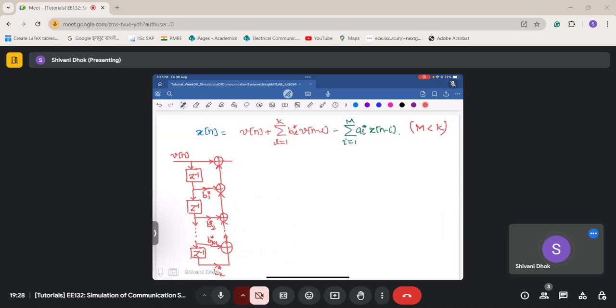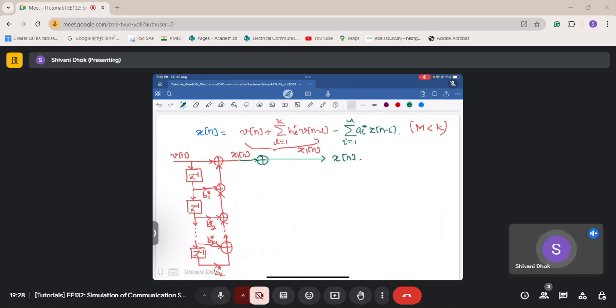And this thing, let's say entirely is x1 of n. So this is my x1 of n, and this gets added to this green component like this. And then after adding, this will give me my output x of n.